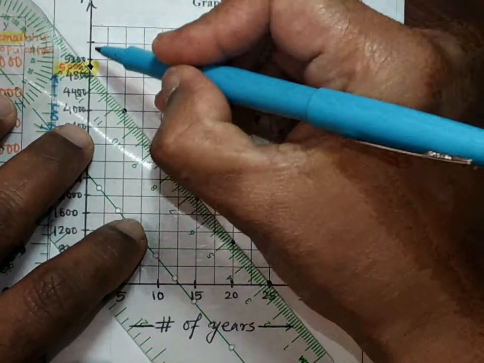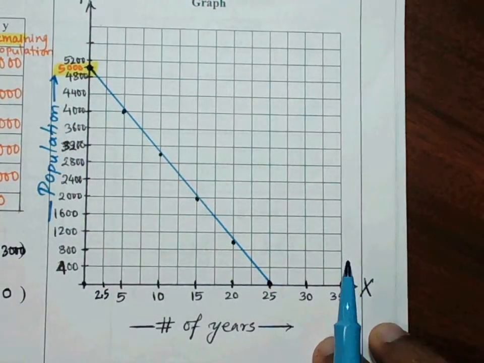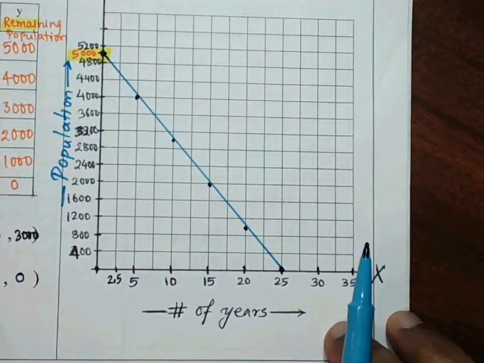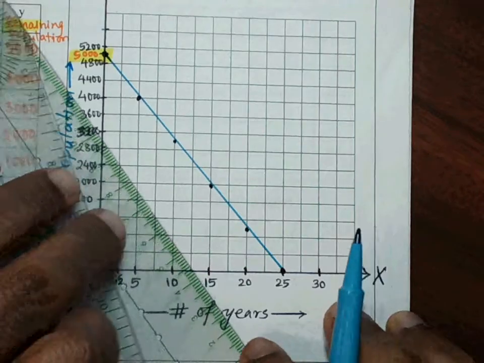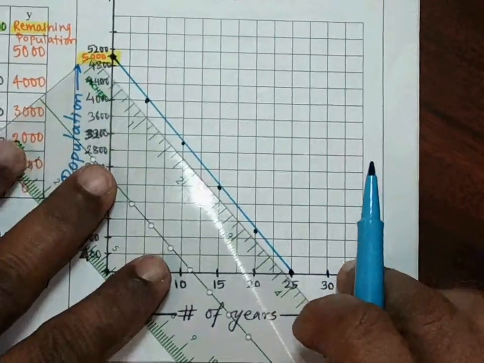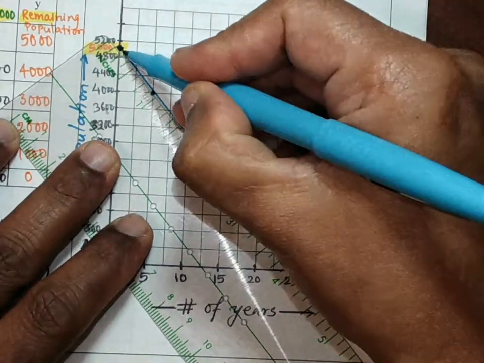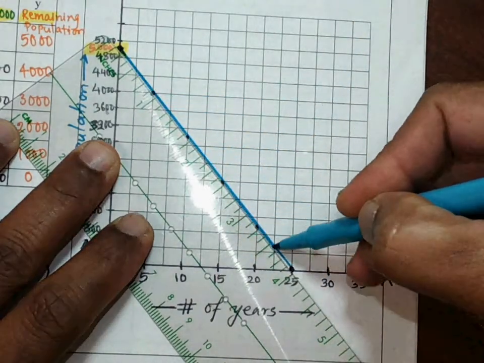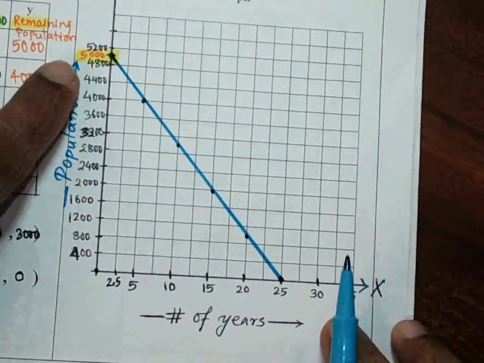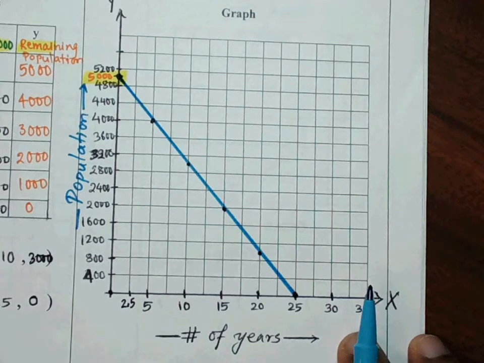So if it is possible to have partial data from your x values, it's okay to draw that line. Sorry, my line I didn't do the right thing. The line should go through those points. And also you need to know that it doesn't go through 0, 0, so it's a non-proportional relationship.